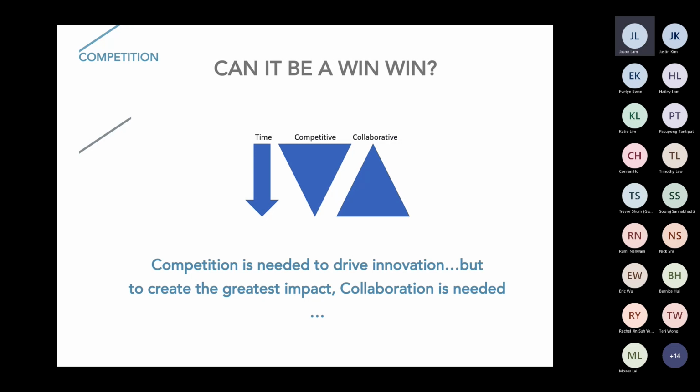Maybe you become the enabler of a product instead of creating the product yourself, to create the greatest impact. So from an SDG perspective, thinking about collaboration is more important.